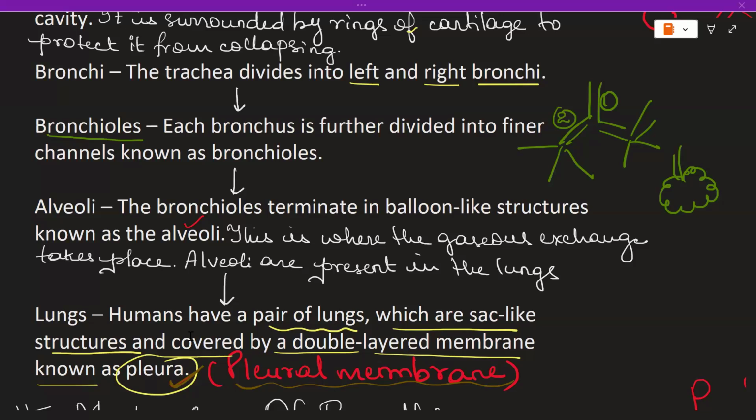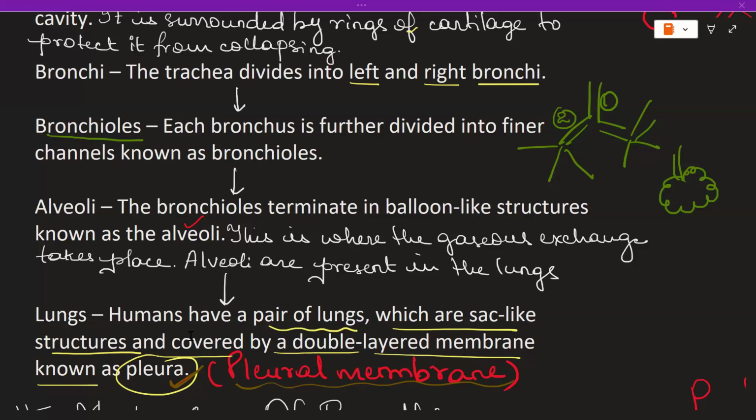No, ma'am, just the lungs is remaining. Okay, okay. Done, ma'am.